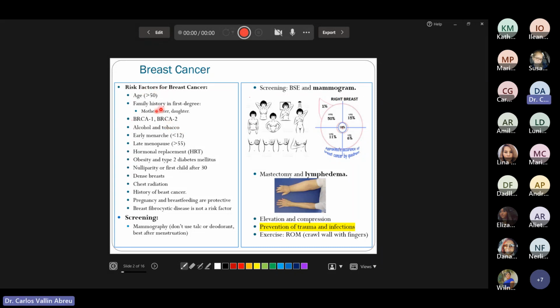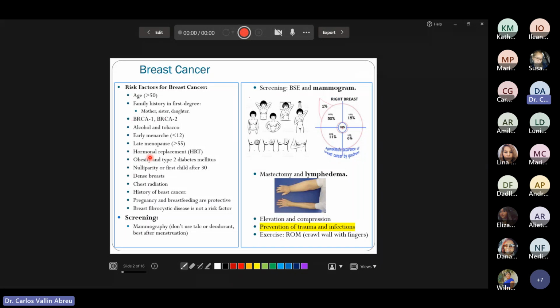So for a woman that is older and has family members with cancer, you can educate the woman on the importance of the annual mammography, etc. But you can do a lot for a woman that is smoking or drinking alcohol. The other risk factor that can be modified is obesity. Guys, the adipose tissue produces estrogen.